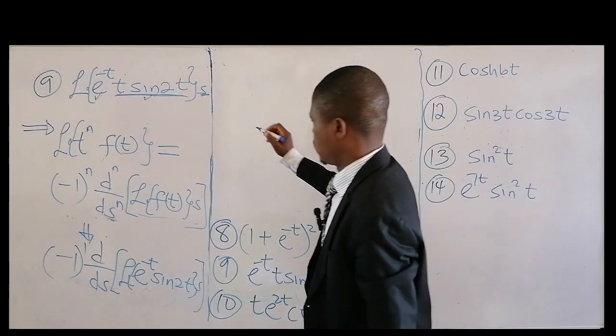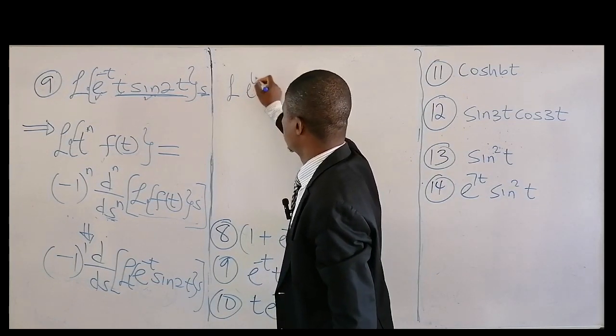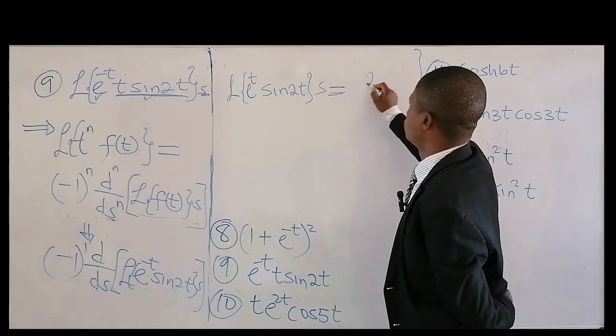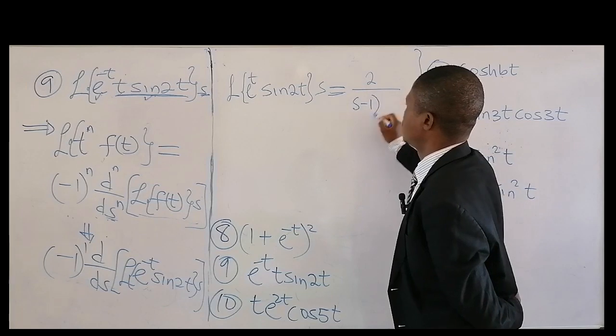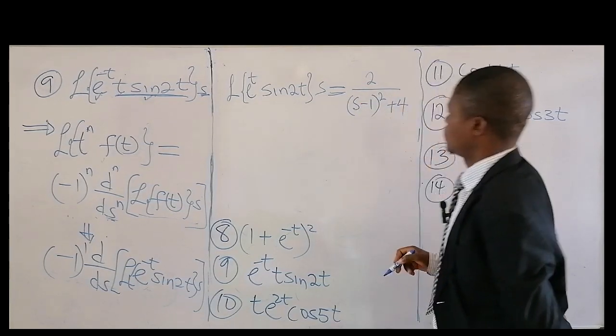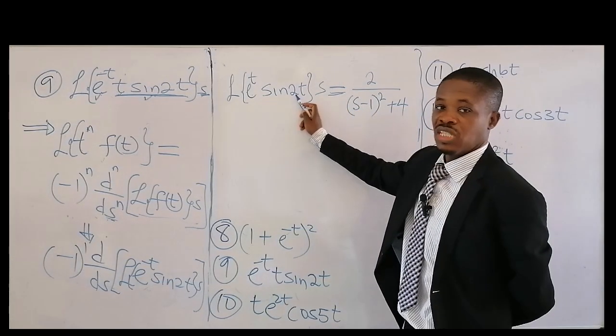So what I will do now is to get the Laplace of this function: 2 over x minus 1 all squared, then plus 4. That's what we have for the Laplace of this if you check your table.